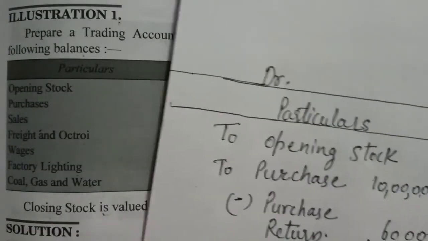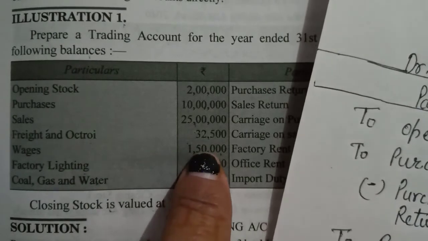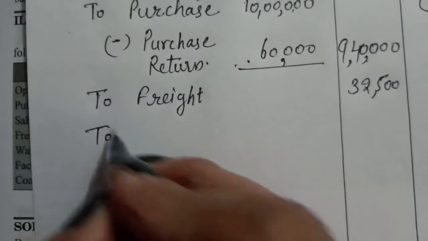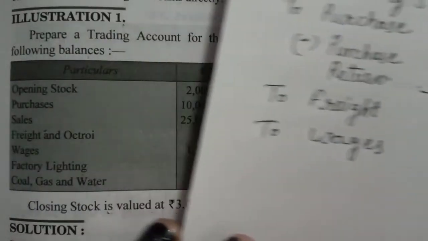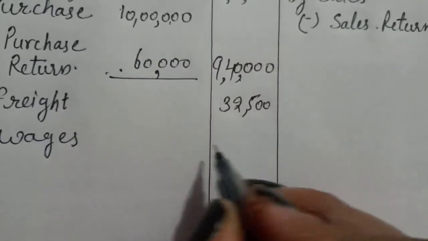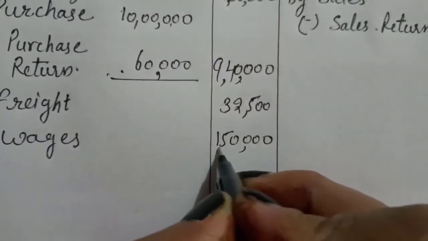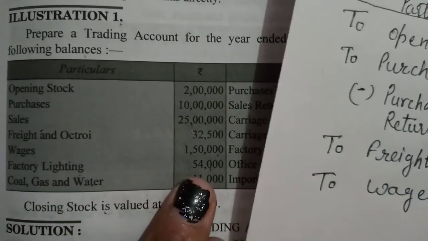Now next item is wages. Wages is for 1,50,000. So you will write here "To wages", 1,50,000.